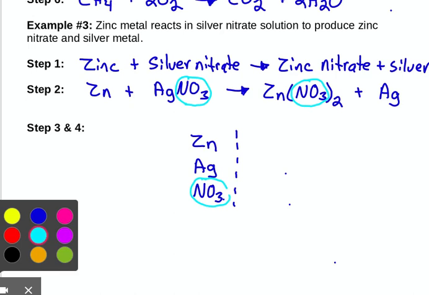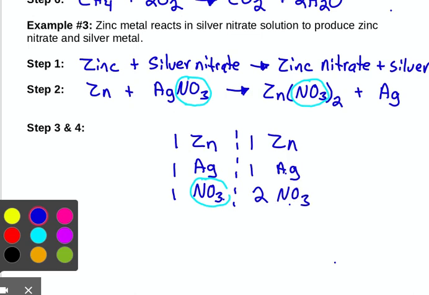You don't have to separate it into the nitrogen and the oxygen. It actually makes it a little bit easier for you to do that. So if you've added up your number and types of atoms, you have 1 zinc, 1 silver, 1 nitrate in your reactants. You have 1 zinc, 1 silver, and 2 nitrates in your products.